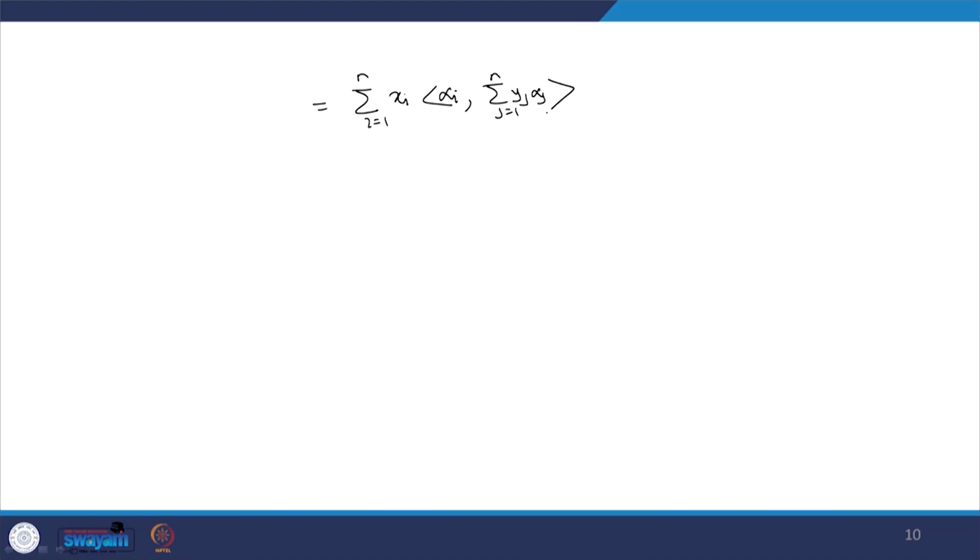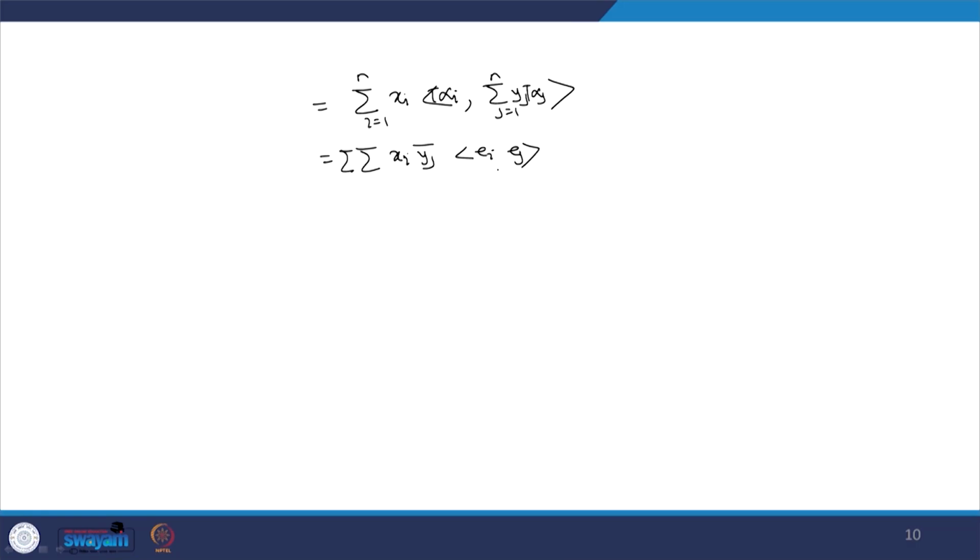So, this is equal to sigma xi yj bar times the inner product of, there will be another summation, we will have T of alpha i and T of alpha j. So, T of alpha i means Ei and Ej, so it is basically the inner product of Ei and Ej.